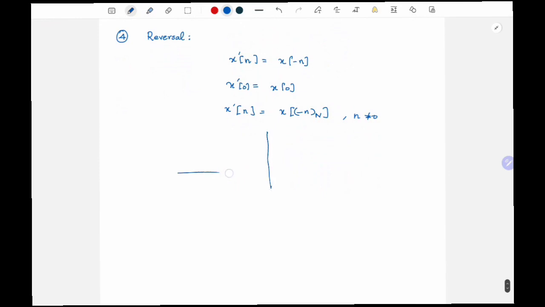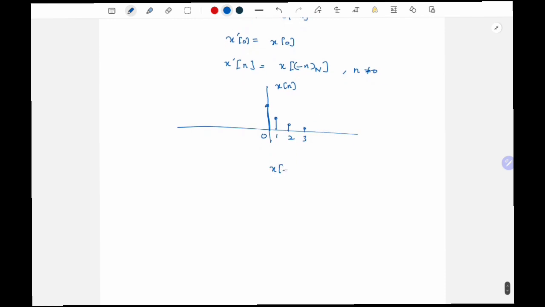So to see an example, okay, 0, 1, 2, 3. This is x of n. If I have to write x of minus n, what do I do? My 0 will remain the same, and this will be like this. So 1, 2, 3 I have reversed.